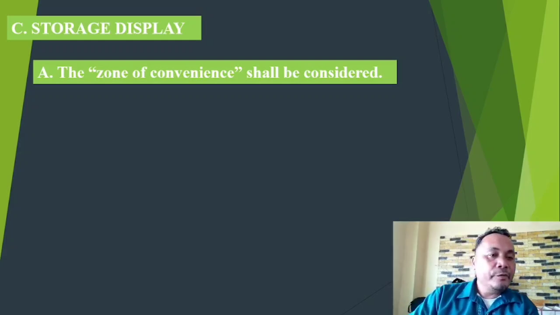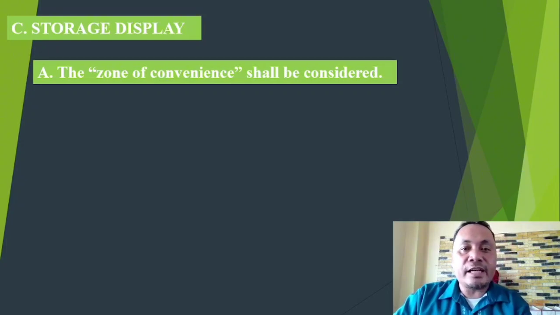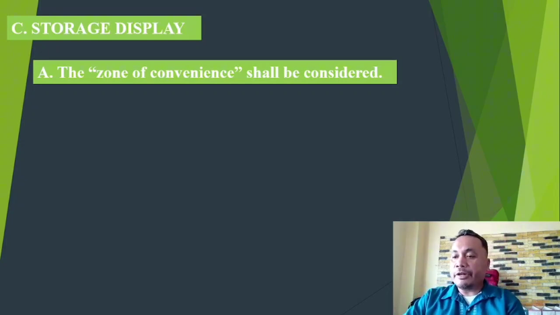First, the zone of convenience shall be considered according to energy conservation studies. This refers to the area between the lower and upper limits for shelves within which it is convenient to place things, and beyond which there will be a need to exert greater effort.